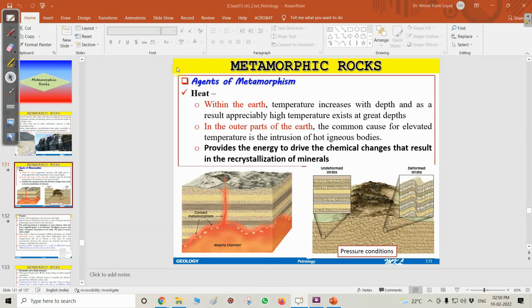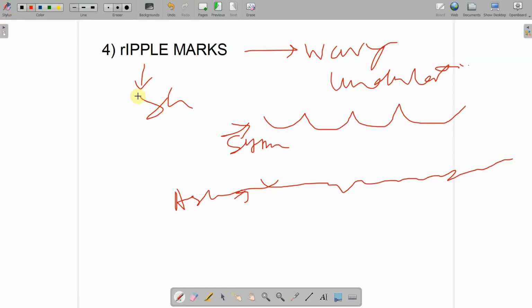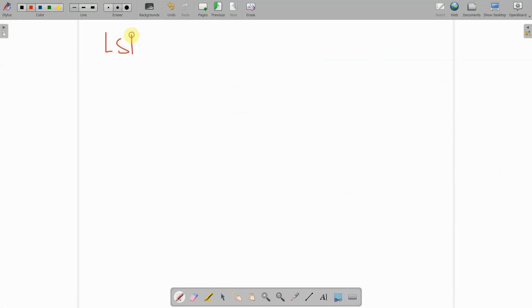Limestone is a sedimentary rock, and when it goes under metamorphism, it is converted into marble.